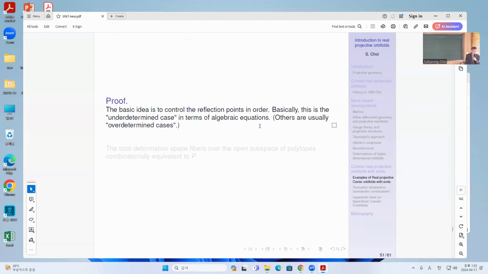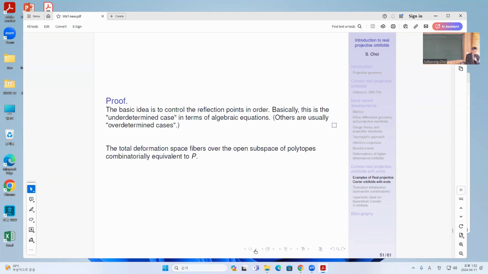So the proof is that the only freedom you have is the reflection points. The reflection is always determined by the reflection plane and the points of reflection, so this is the underdetermined case in the case of algebraic equations, and the other cases are usually overdetermined. It's also something where triangulability will work in the differentiable setting.